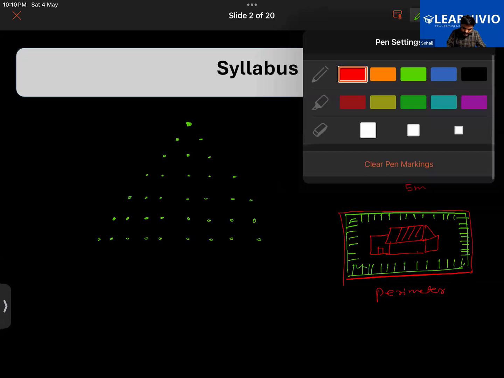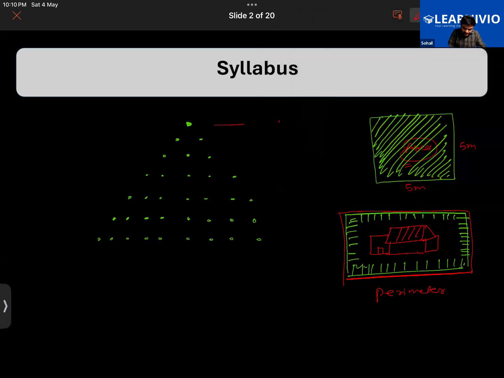Count the number of dots. Here it is 1. Then how many dots? 3. Okay. Then 5. Then 7. After this 9. There has to be actually one more over here.